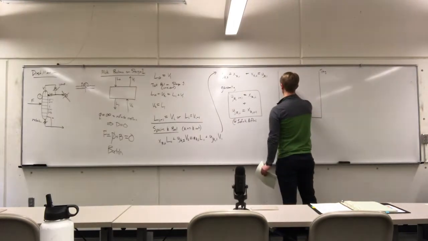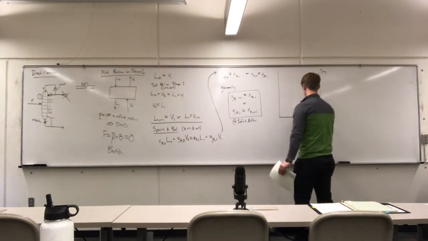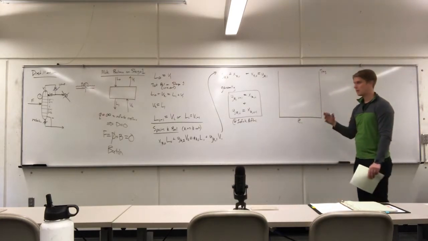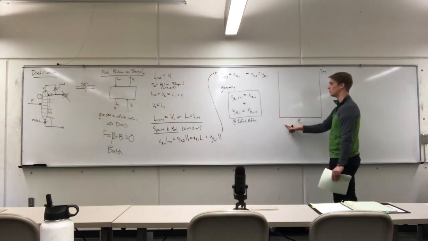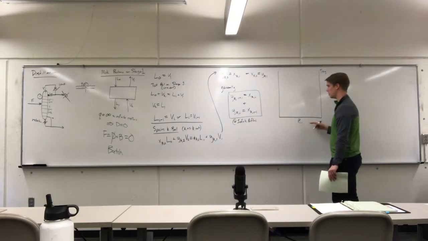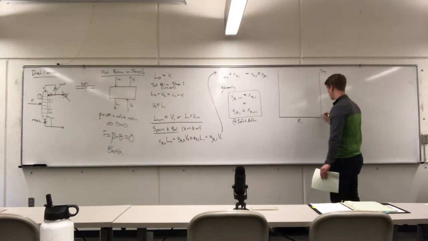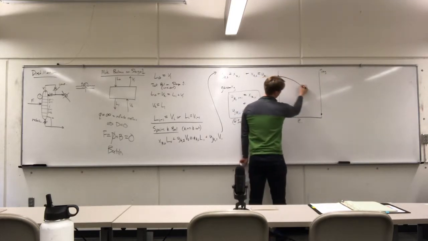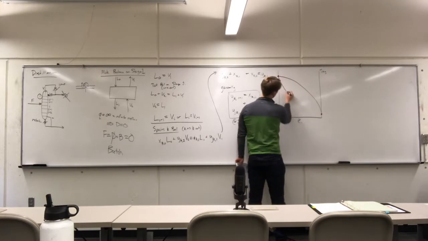A TXY diagram, again, I'm not joking, every time I draw these I have to rethink. Okay, so component 1 is the more volatile component, which means it should boil at a lower temperature, right? Component 2 is less volatile, and then TXYs look something like this for an ideal system.